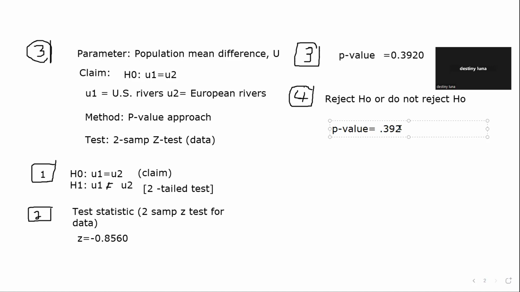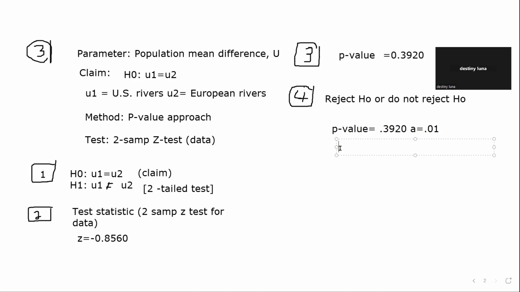And my alpha is 0.01. So now I can say that I'm going to say do not reject the null because p is greater than alpha.